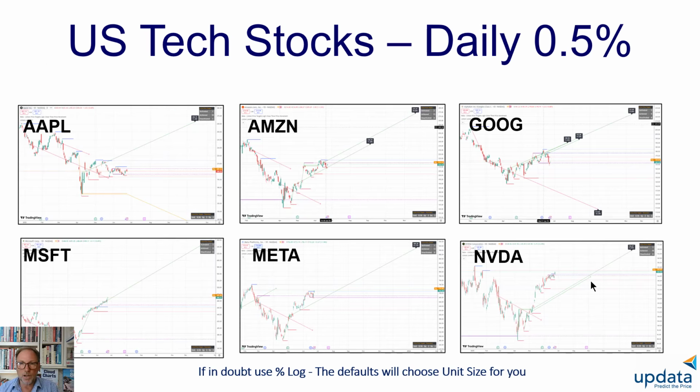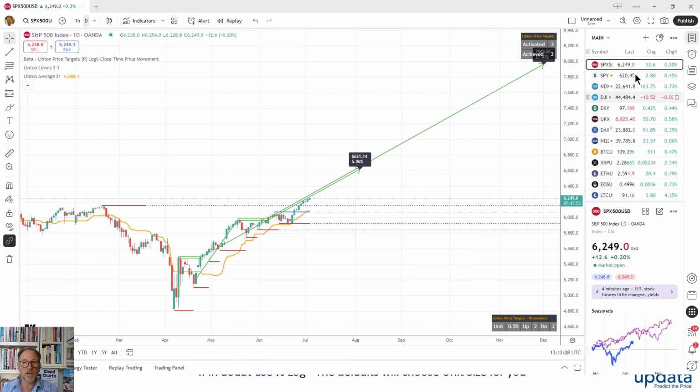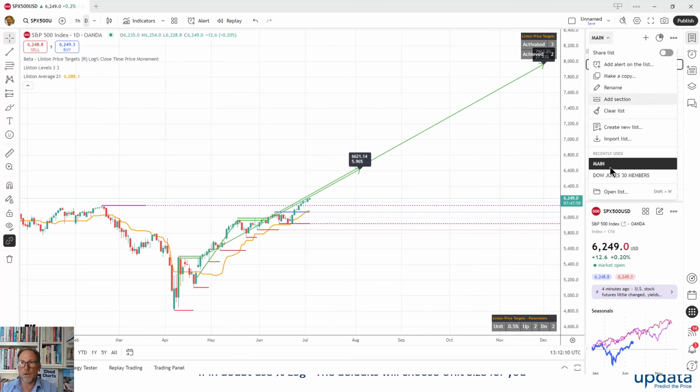If you're looking at lots of charts like I do, I'm looking at hundreds of charts a day, then just having the convenience of a log scale setting that does it all for you, you're just comparing like with like. So no matter what the price of each instrument is, it's going to use 0.5% log scale. So I can just go to my charts, and in TradingView, let's choose a list.